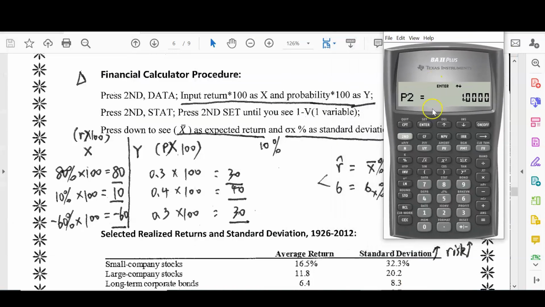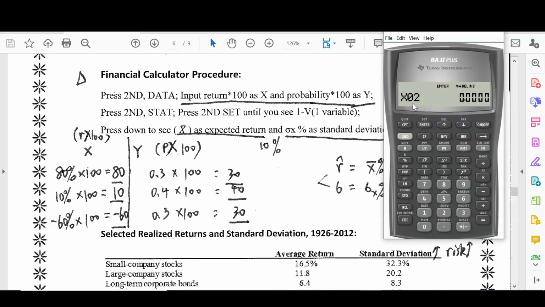Okay, let me show you this on the financial calculator. So I can press second data, which is number 7. Okay, and then I see x1, it's gonna be 80. The return in the good economy multiplied by 100. Enter. Down button. Y1 should be the probability for such economy. It's gonna be 0.3 multiplied by 100. So I input 30. Enter. Down button.